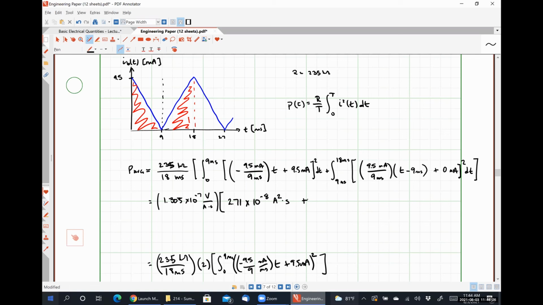And now I need to do the integral from 0.009 to 0.018 of 9.5 times 10 to the -3 over 9 times 10 to the -3, times (x minus 0.009), square that.